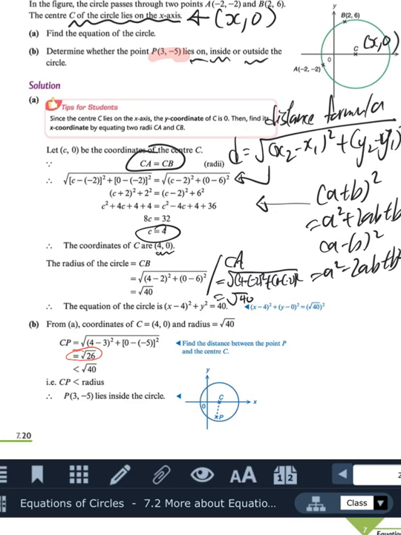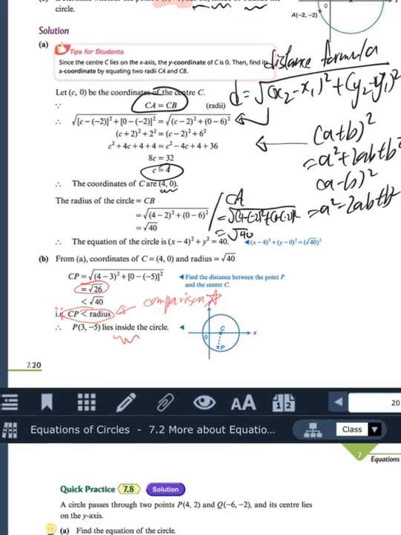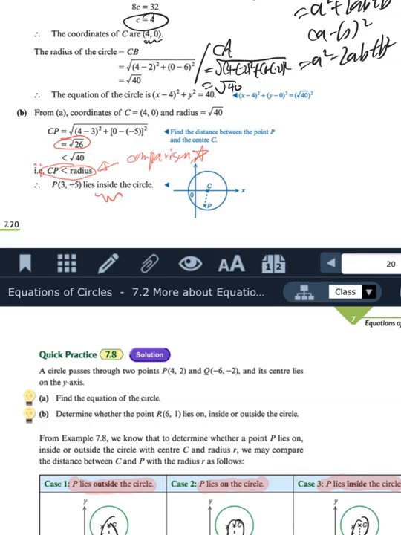Therefore, you may say point P lies inside the circle. The reason is the distance between C and P is less than the radius. Then the point lies inside the circle. Remember, you must do the comparison. It's very important to compare the distance between the point and the center with the radius.